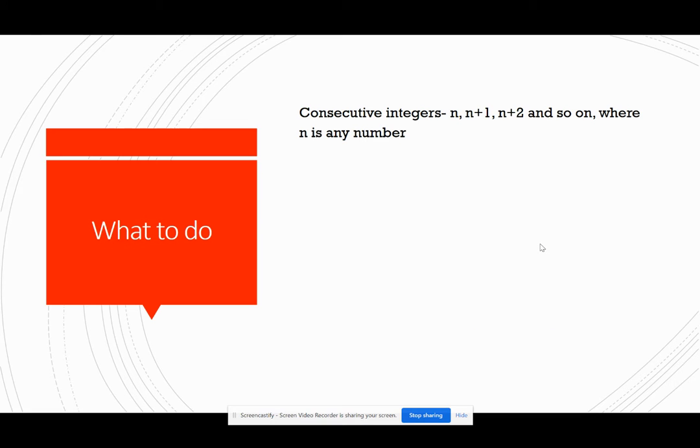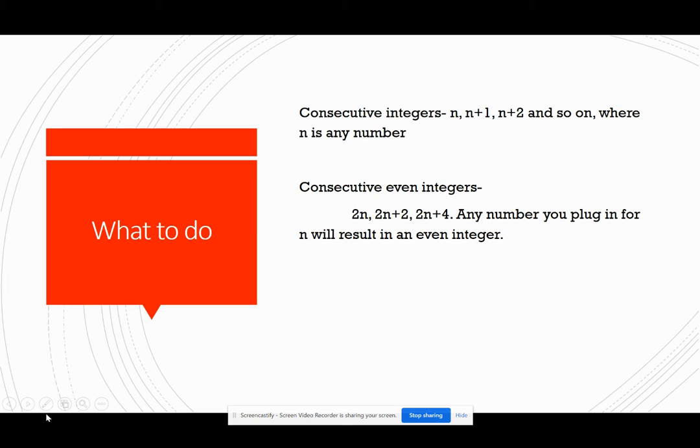So this is the most important part to have written down. I like to circle it, highlight it in my notes. If we're working with consecutive integers, we are working with n, n plus 1, n plus 2. So anytime you see plain consecutive integers, you know you're going to start with n. Your next one will be n plus 1. The next one will be n plus 2.